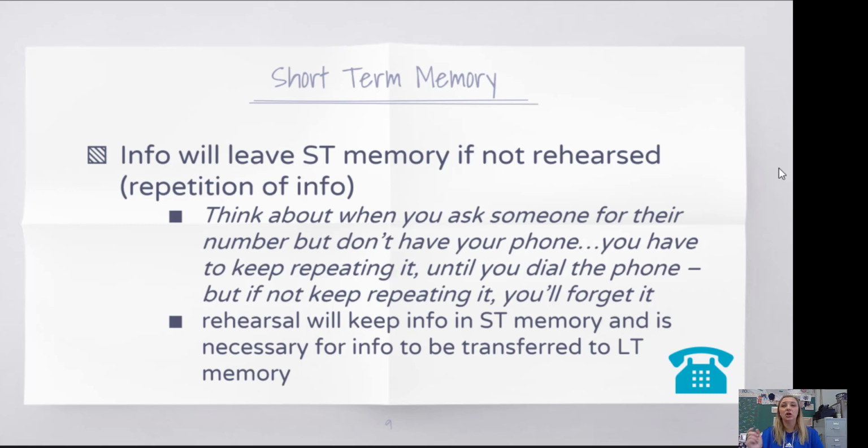It could be, however, you saying it out loud, writing it down on paper, thinking about it. So if you don't rehearse the information, that information will be lost. However, if you do rehearse it in some way or another, that information gets transferred to long-term memory for storage.